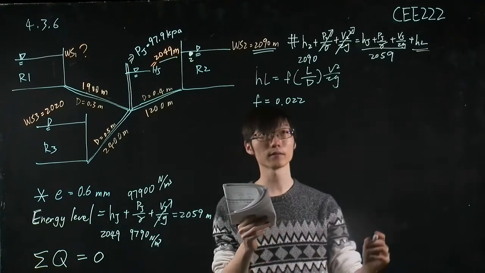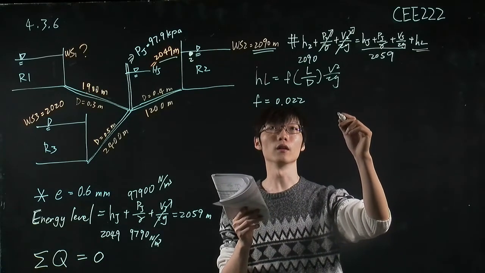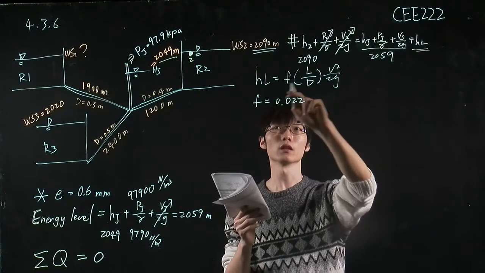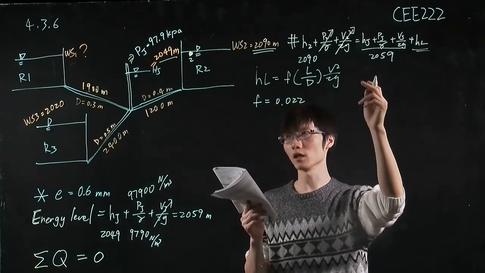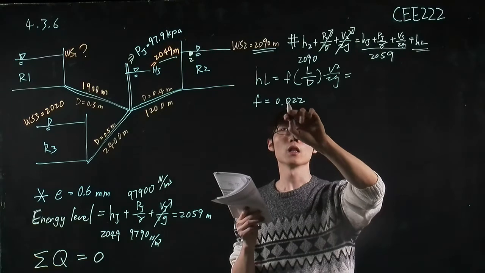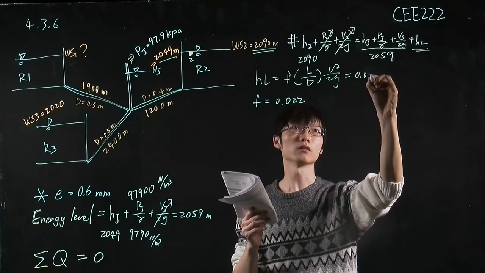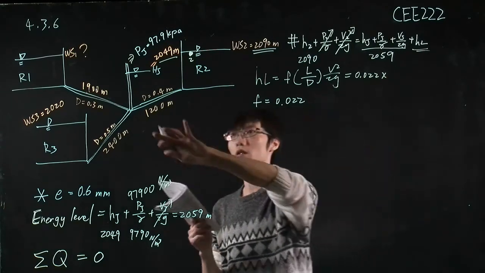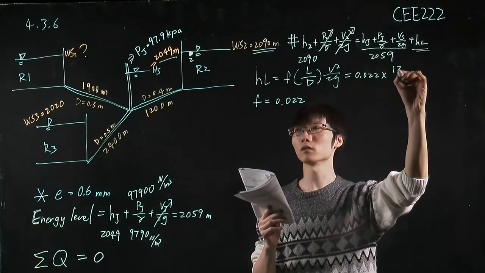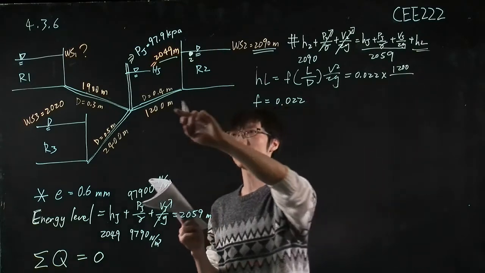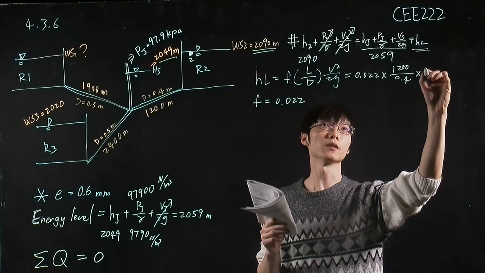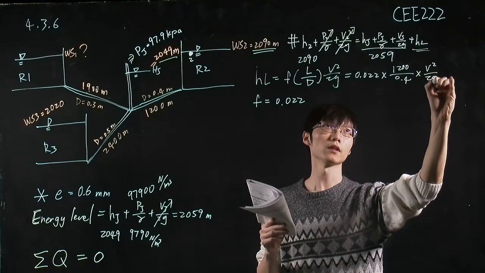And then we can plug these into the head loss, and we ignore all the minor losses, so we only consider the friction head loss. This will be times the length, 1,200, divided by 0.4 meter, times the velocity term.